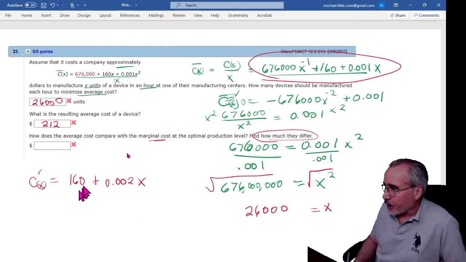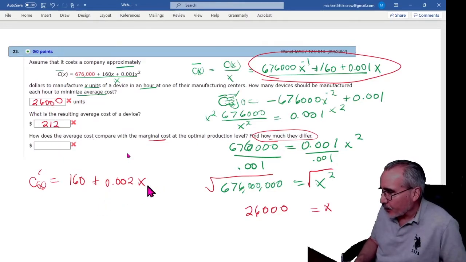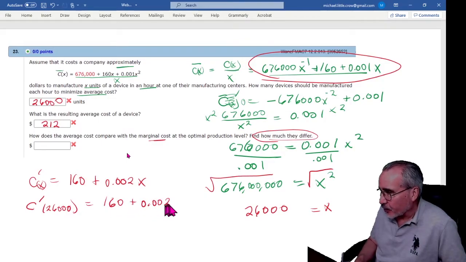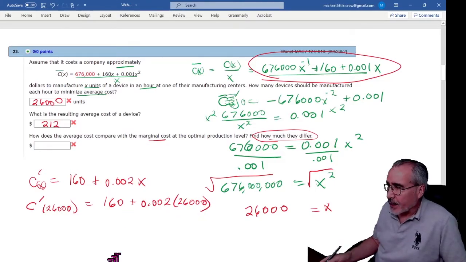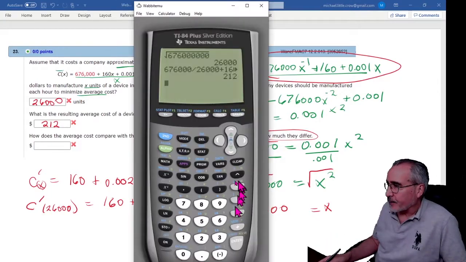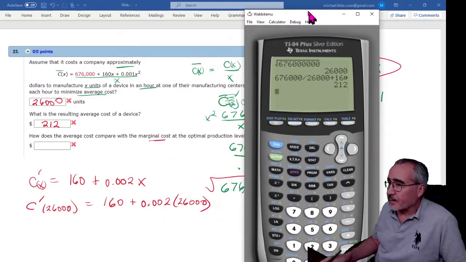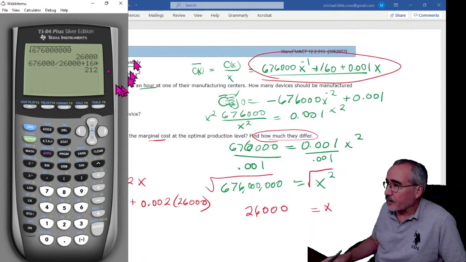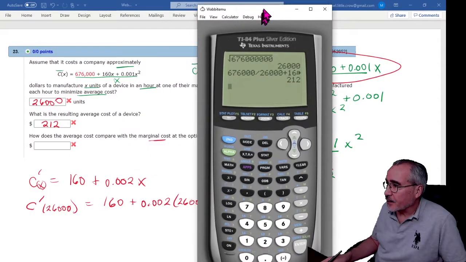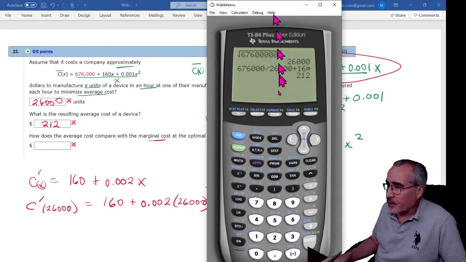And so now we want to find out when we plug in 26,000 here, what is our cost? So our marginal cost at 26,000 is 160 plus 0.002 times 26,000. And plug that in. And then we're going to subtract whatever we get there from 212. You can see both.